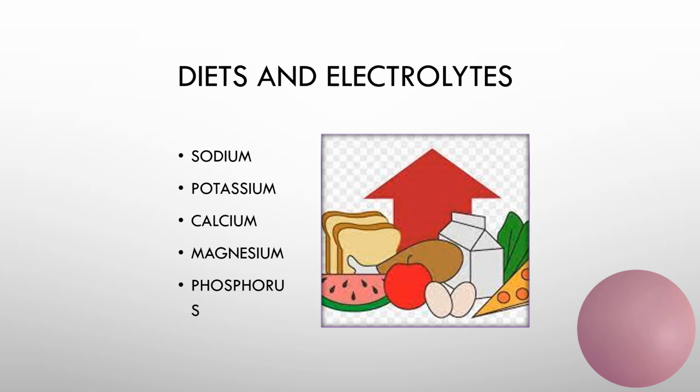Foods that are high in magnesium include seeds, nuts, spinach, avocados, figs, bananas, berries, and kiwi. And for phosphorus, foods that are high include chicken, turkey, organ meats, pork, seafood, dairy, sunflower and pumpkin seeds, whole grains, beans, and soy.